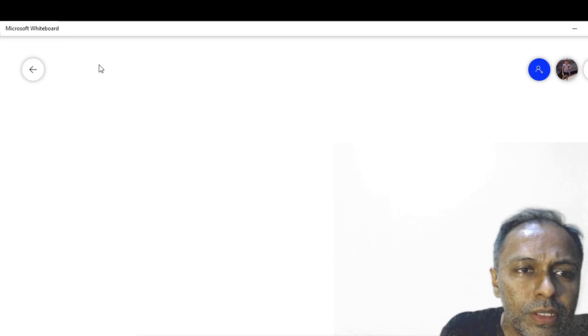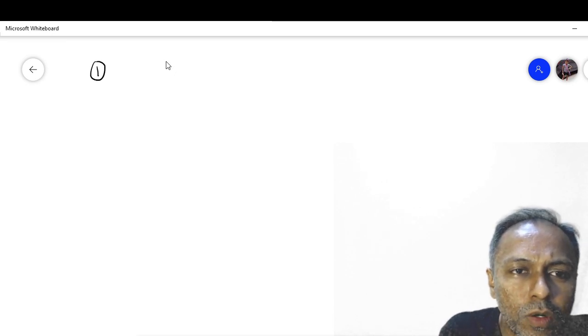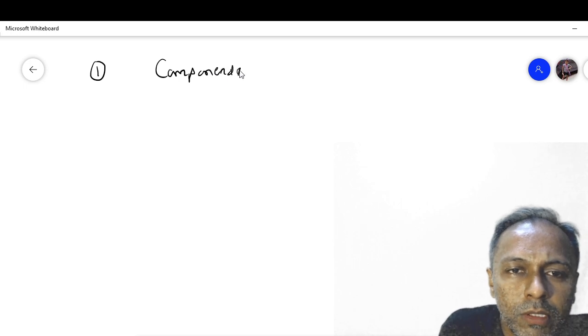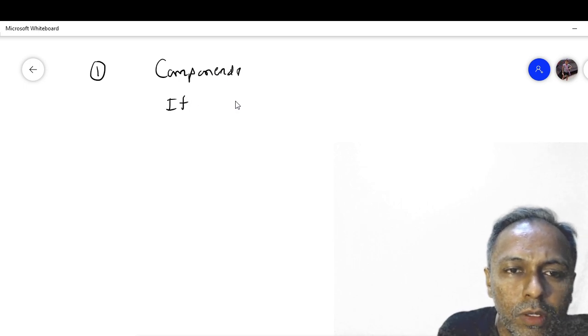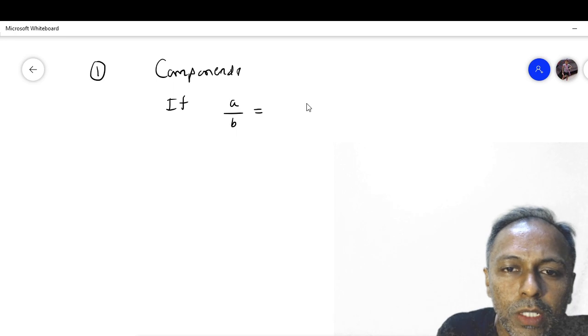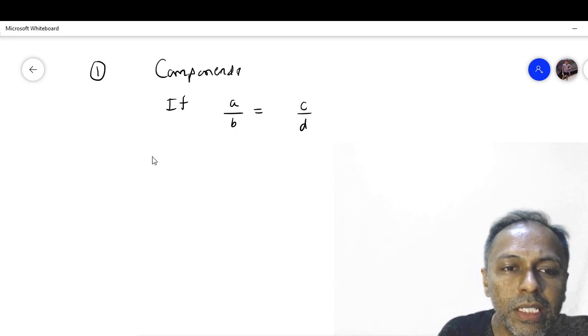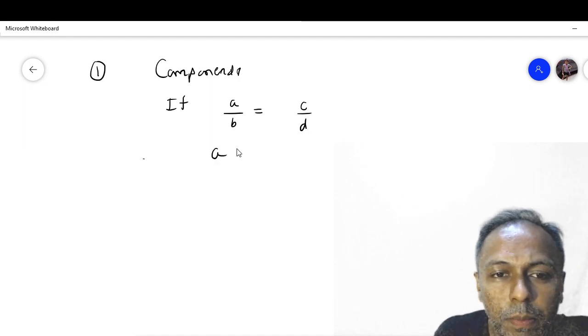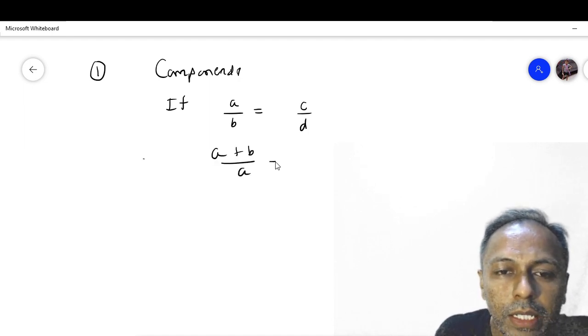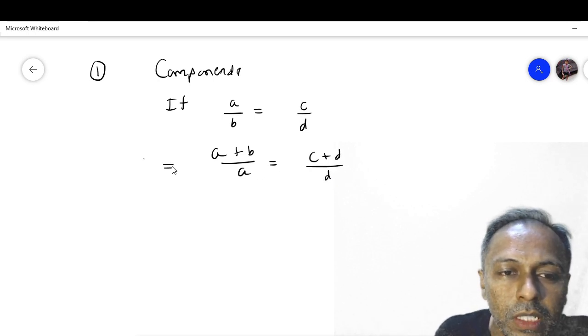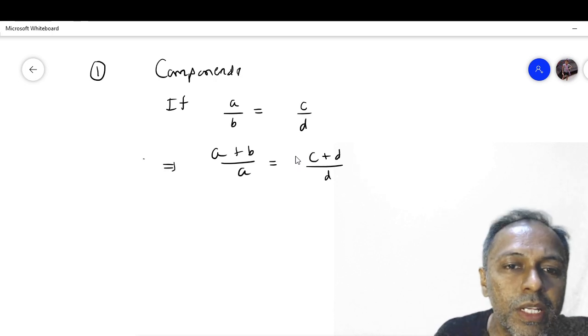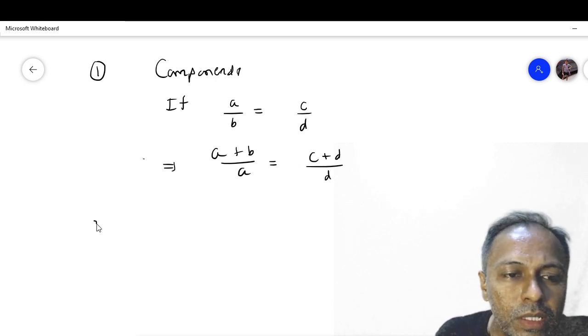We can begin with the first property, which is called componendo. So if A upon B is equal to C upon D, so if these two ratios are equal, then by componendo, A plus B upon B is equal to C plus D upon D. This is the meaning of componendo.